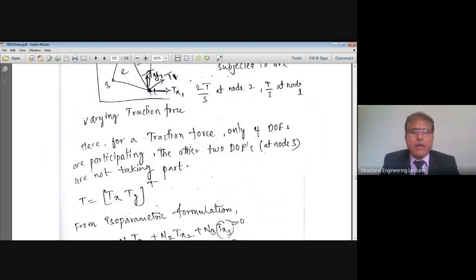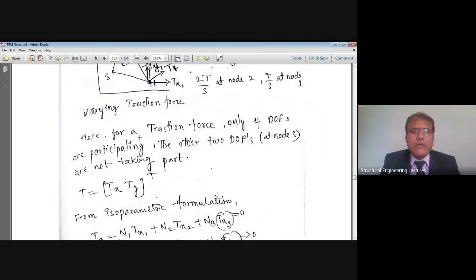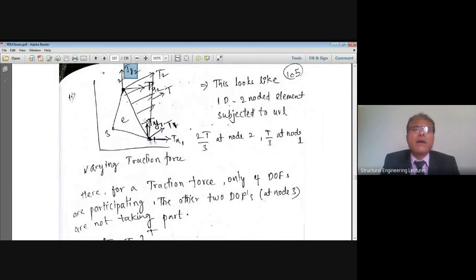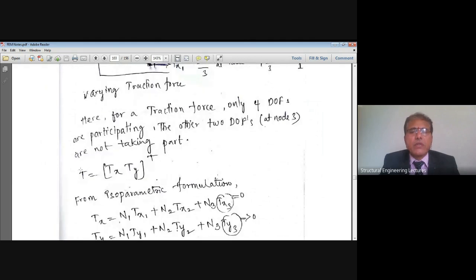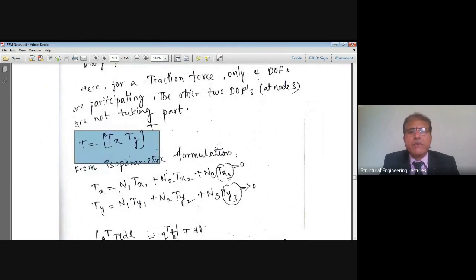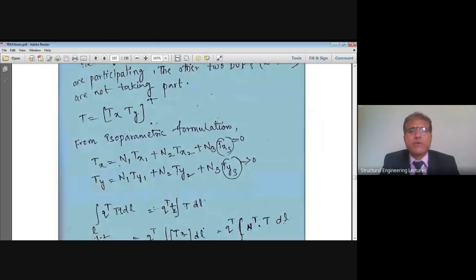Now, if I take an interior point within this side 1 to 2 at a distance of small l, or at a distance of xi in the local coordinate direction, the ordinate is equal to T. That can be written as Tx, Ty. That is how the traction force vector is given by Tx Ty transpose, right?